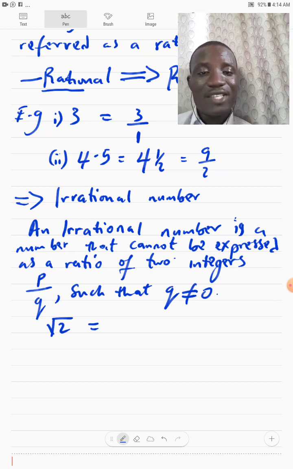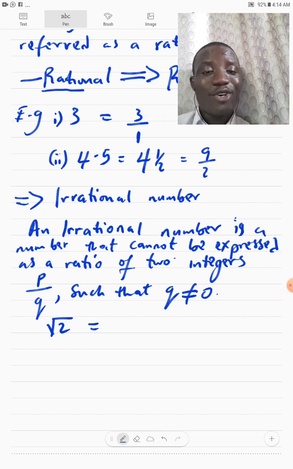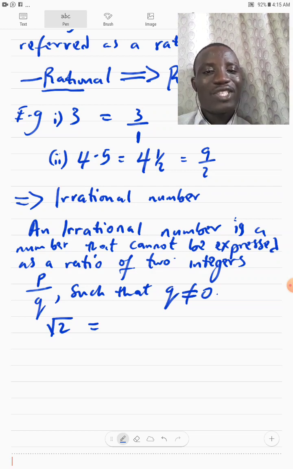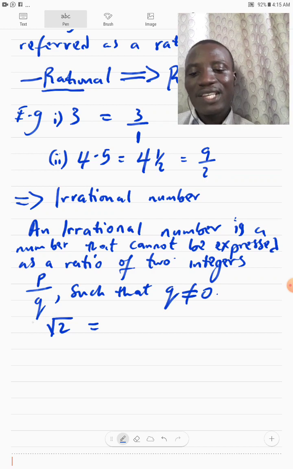If you try this on your calculator, you'll see that it will give you almost an endless number of digits after the decimal point. It will only stop there because your calculator has been programmed to contain a limited number of digits. If you put root 2 in your computer, you will definitely see more digits after the decimal point than you have on your calculator. So root 2 is an example of such a number.